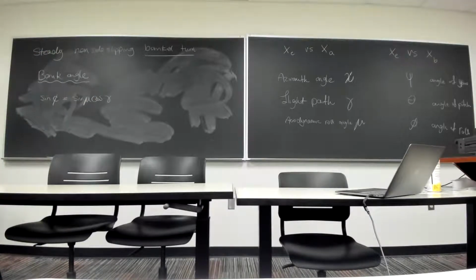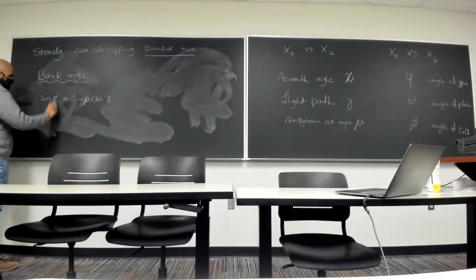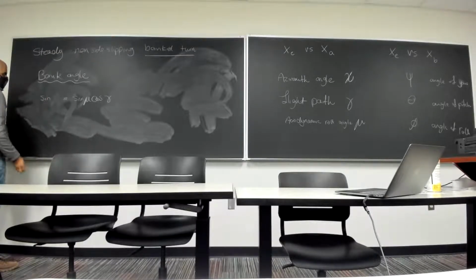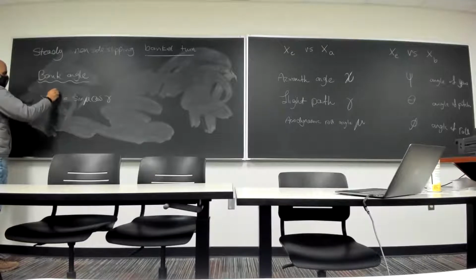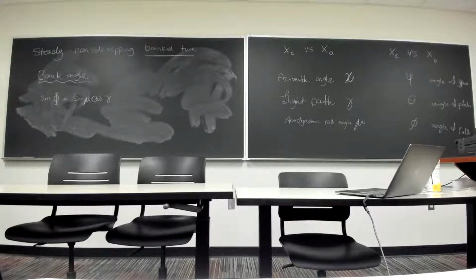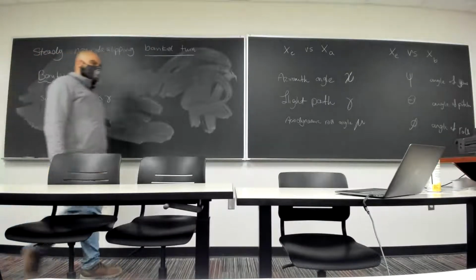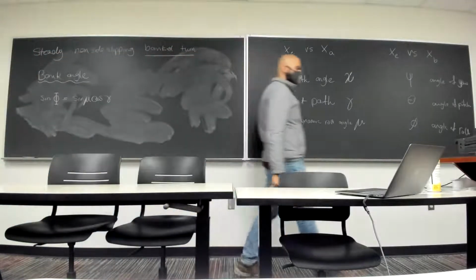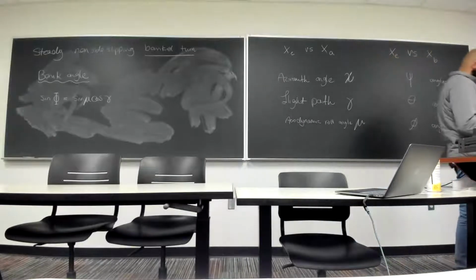We have a lot of phi's, so let's make it a capital phi, just to make sure we don't confuse. So your bank angle is the capital phi, and the sine of that bank angle is equal to that, and it's called the angle of bank.